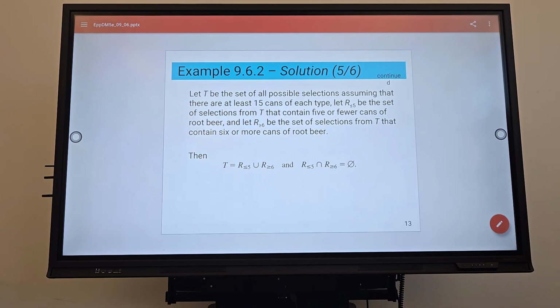Let R sub less than or equal to 5 be the set of selections from T that contain 5 or fewer cans of root beer. And let R sub greater than or equal to 6 be the set of selections from T that contain 6 or more cans of root beer. Then T would equal the union of both of those sets, and the intersection of the two sets would be the empty set.